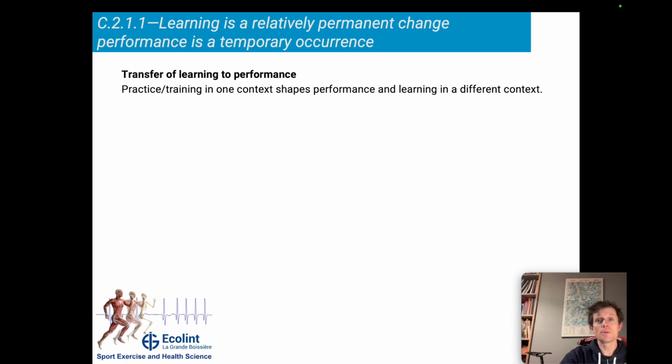A learning environment requires an environment which mimics the competition, but also it's more forgiving to mistakes and to allow adaptations. A learning environment needs to be subtly different to the competitive environment, such that mistakes aren't punished and the exploration is allowed for the athlete to be able to explore different ways of doing things.